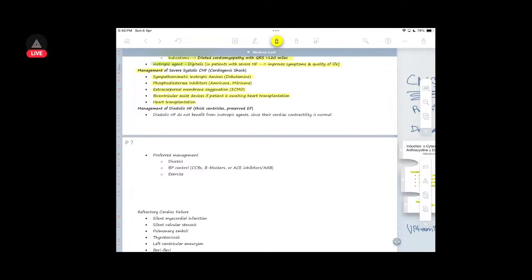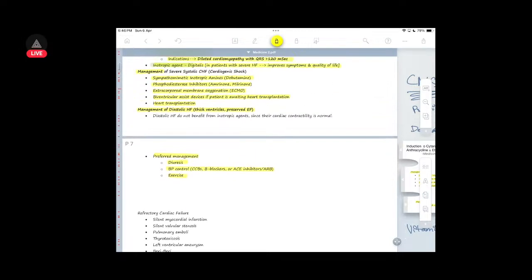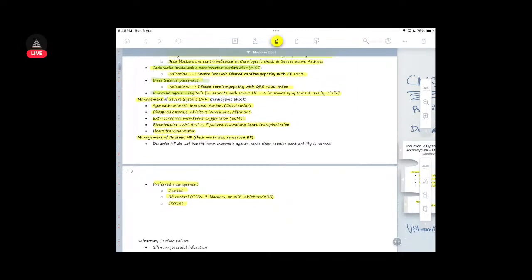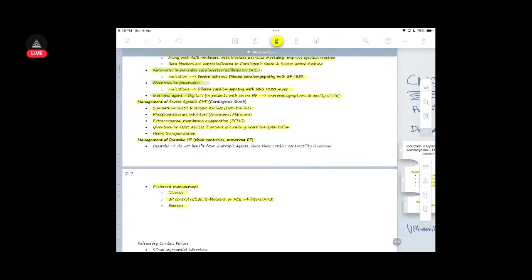Management of diastolic heart failure, thickened ventricles, preserved ejection fraction: no effect from inotropic agents since the cardiac contractility is normal. So you provide diuresis, BP control, and exercise. In cases of systolic, you give sympathomimetic, phosphodiesterase, extracorporeal.